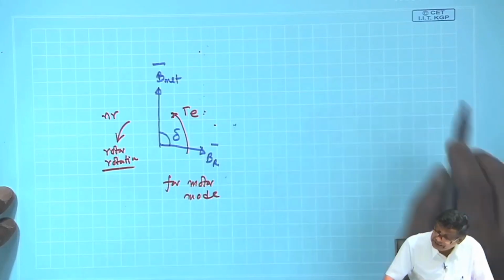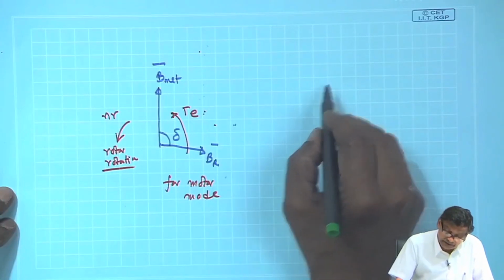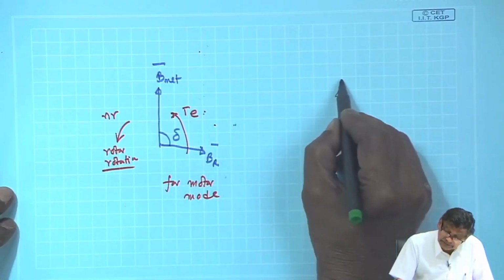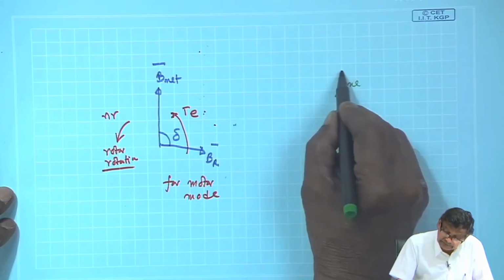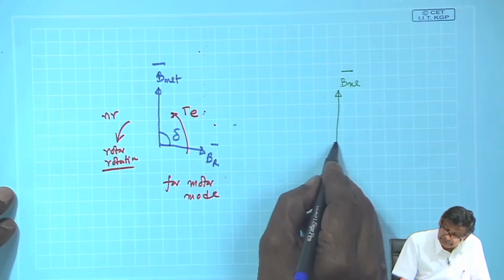This is for motor mode, and for generator mode, BR will be here, this is B net, and BR will be somewhere there.